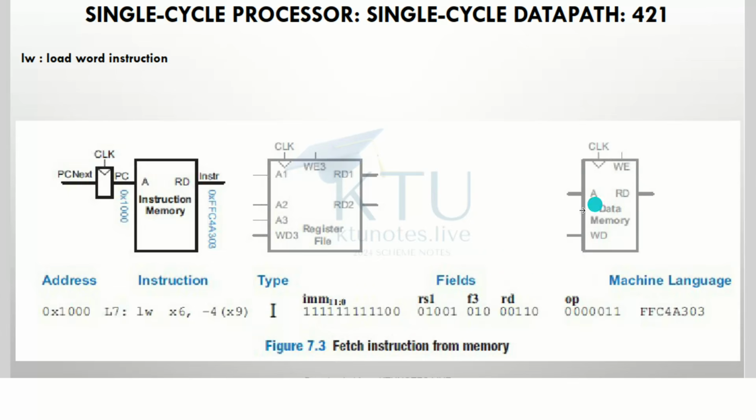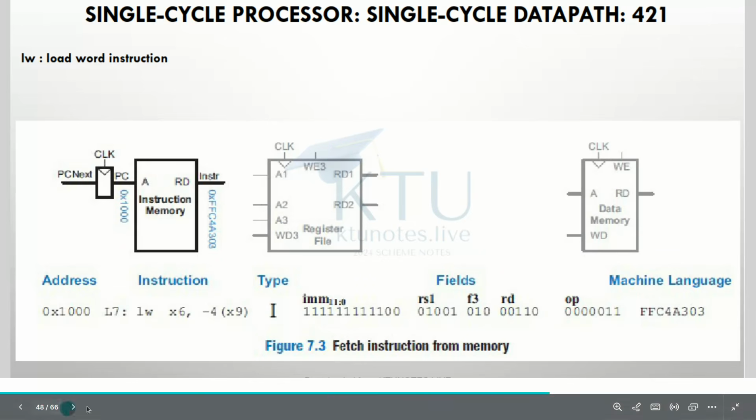WD is for writing. We write the 32-bit value into this address, and whatever we write in WD is written into the memory. This is the basic structure. I just gave you a brush-up, but the detailed explanation is already on the channel, so please go and check that out.